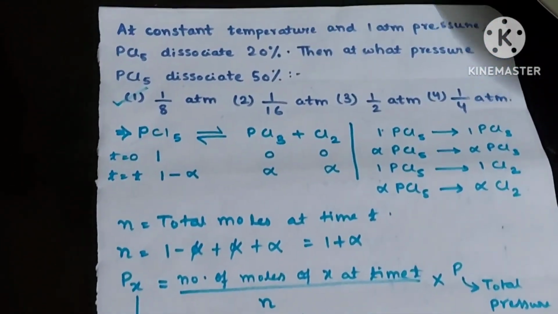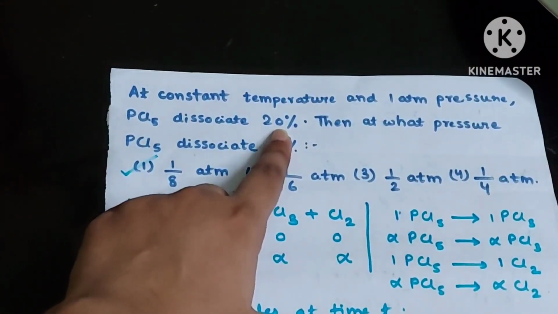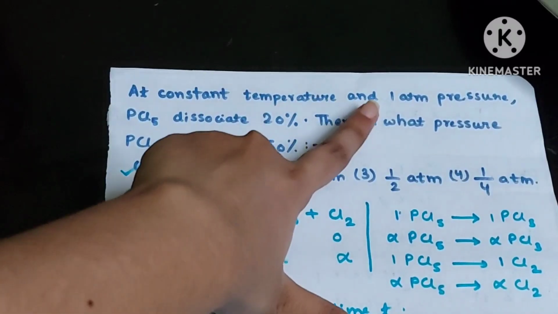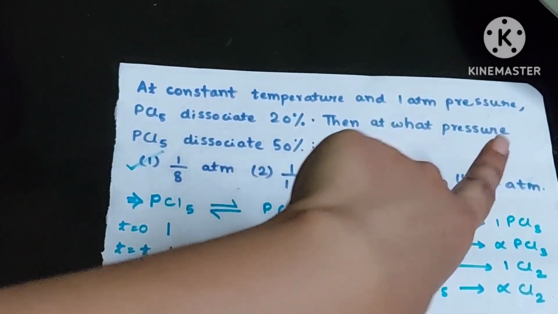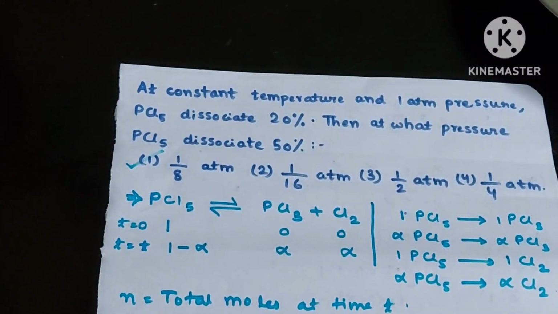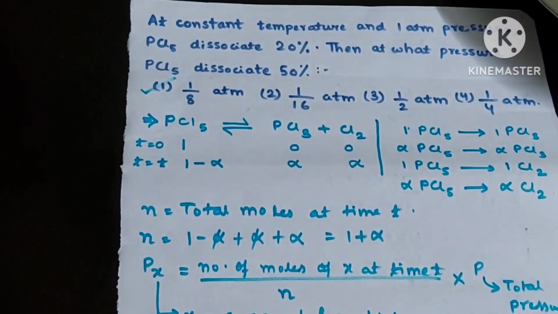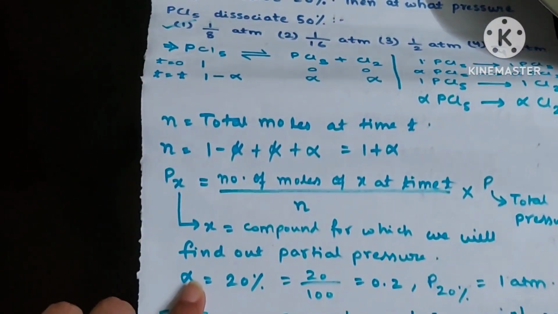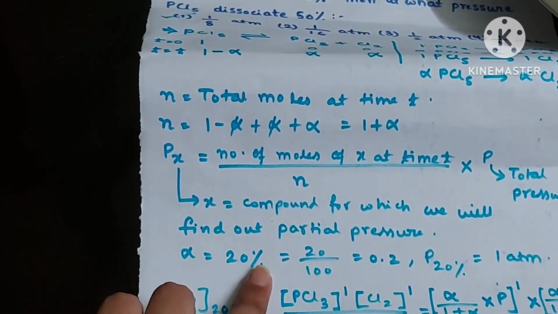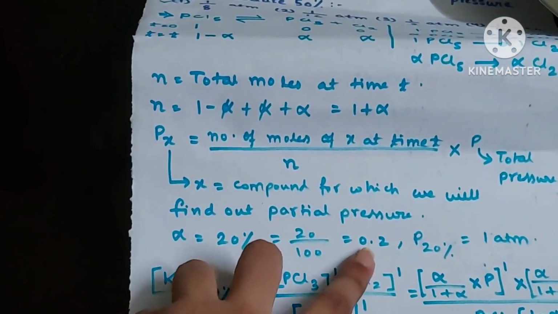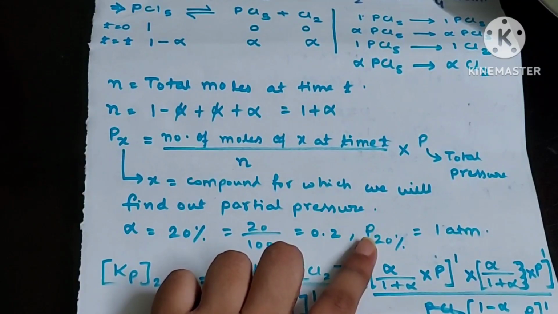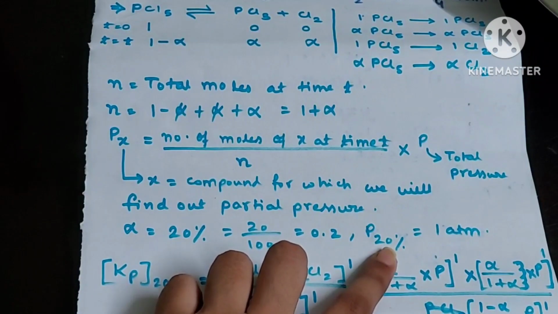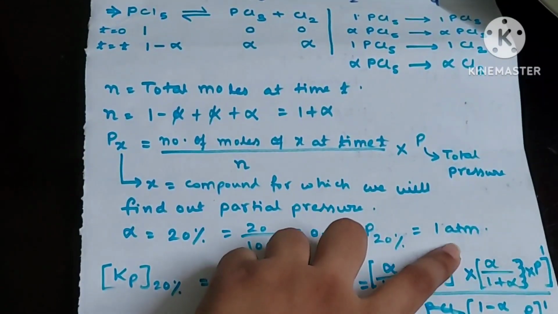Now in the question it is given that when 20% dissociates, the total pressure was 1 atm. So I have written when alpha is equal to 20%, that is 20 by 100 equal to 0.2, then the total pressure at 20% dissociation is 1 atm.